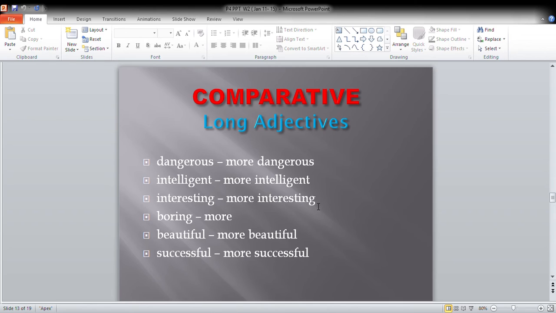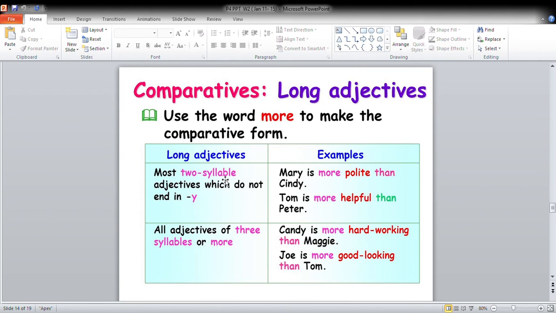Interesting, more interesting. Boring, more boring. Beautiful, more beautiful. Successful, more successful. So for long adjectives, we are only going to add more, then use the adjective as it is.